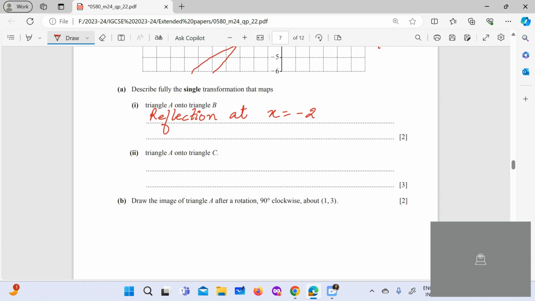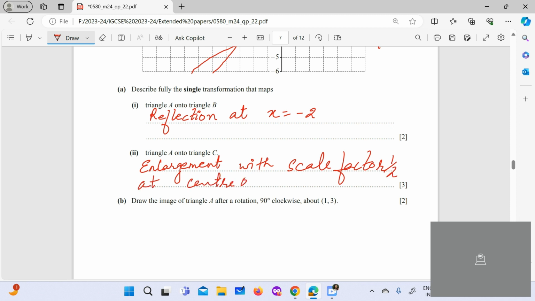Okay, so we can write enlargement with scale factor 1 over 2 at center of enlargement minus 3, minus 4.